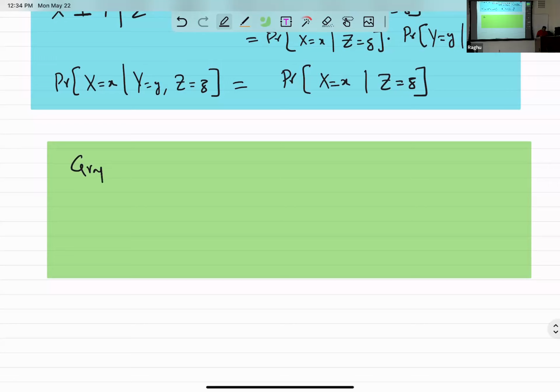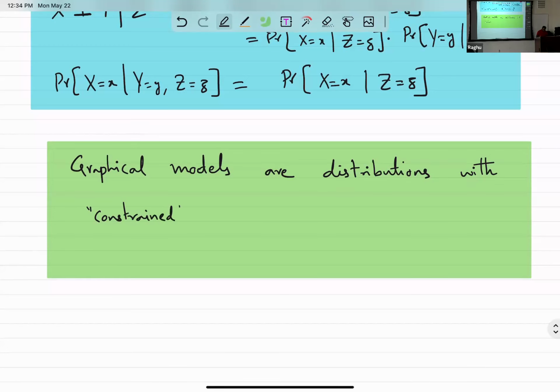Okay, so graphical models are distributions with constraints.